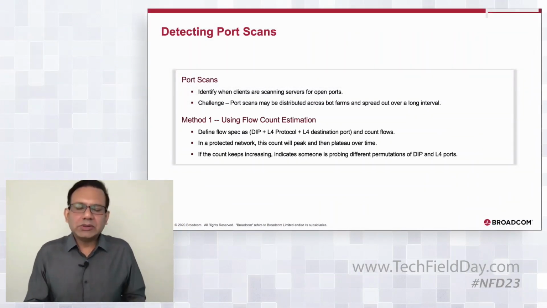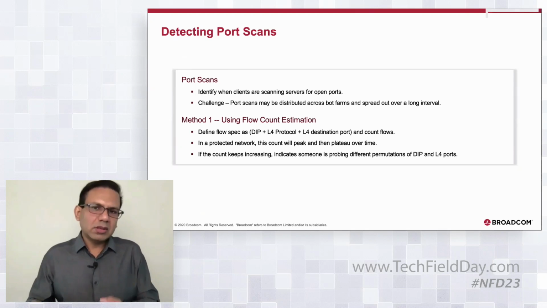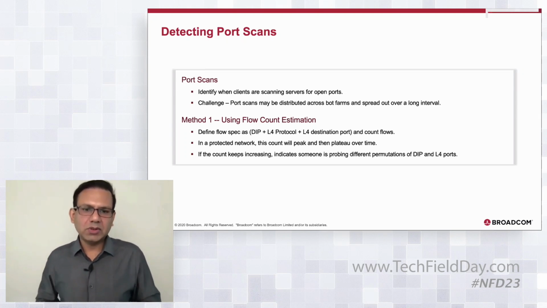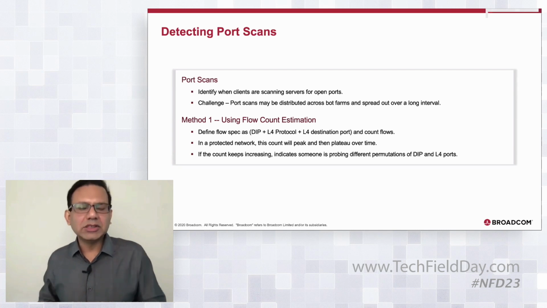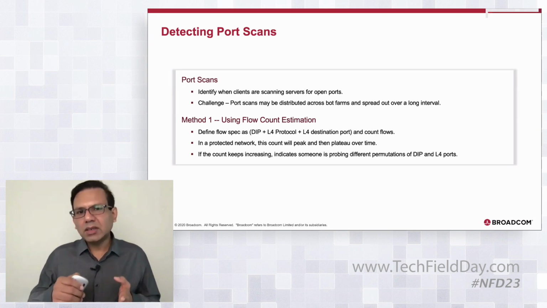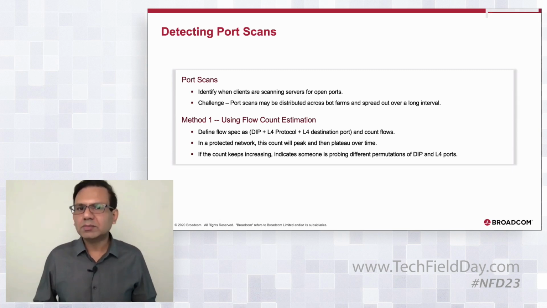So one of the methods you can use here is relying on flow count estimation. Now, in this case, you would define your flow spec as the destination IP plus the L4 protocol plus the destination port, and then you count the flows for this flow spec. In a protected network, you have a fixed number of servers with well-known services running on them. So there is an upper bound to what would be the valid ports in use.